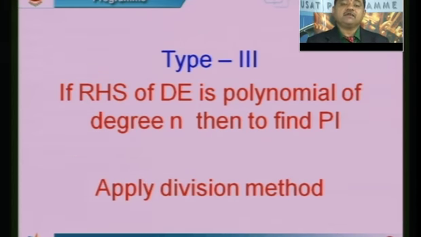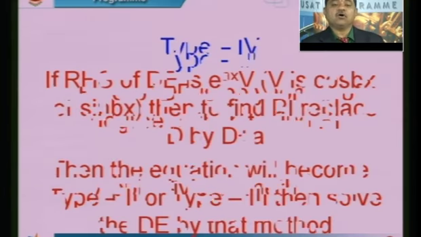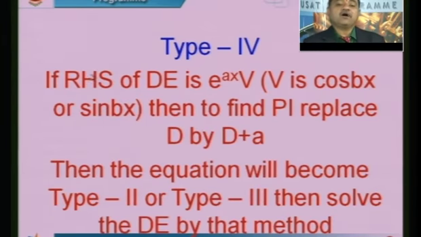Again I am telling, if you do the first step of type 4, then automatically it will be type 2 or type 3. What is type 4? If the RHS of the differential equation is e power ax into v, where v is cos bx, sin bx, or it can be a polynomial also. There is no confusion in this.